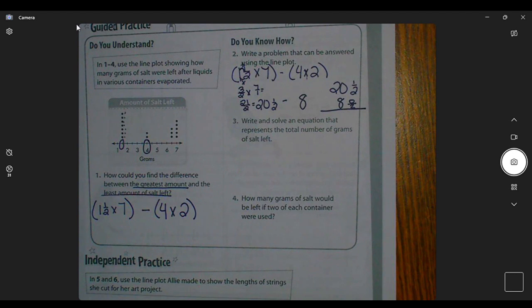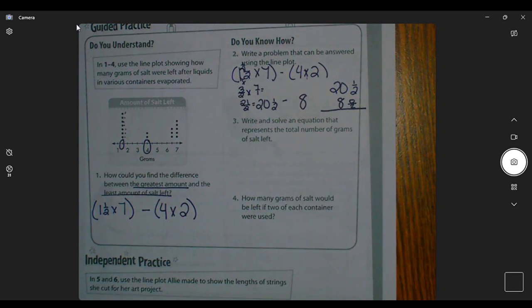So I can now subtract. 20 minus 8 is? How far is 8 from 20? You're right. It's 12.